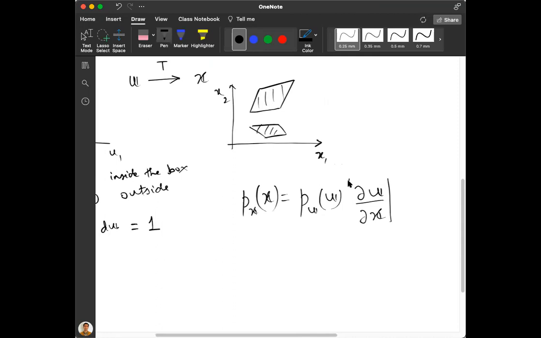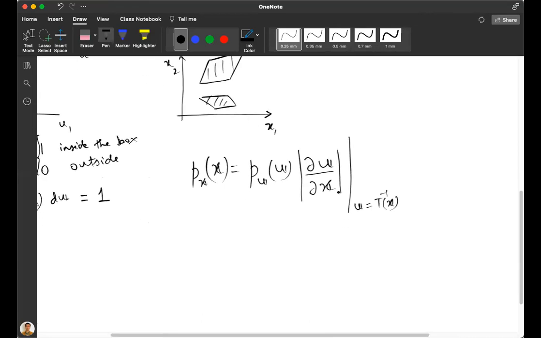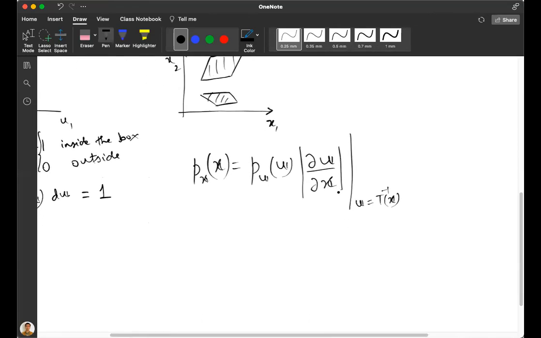You compute it at u equal to T inverse of x. Does that make sense?